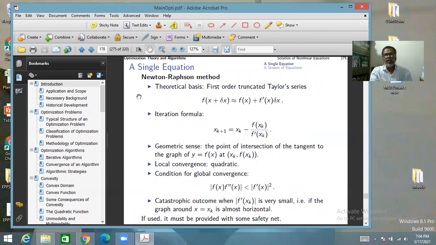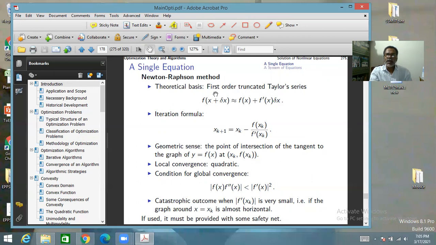Now, what are the other methods? Not so simple, not so basic, but hopefully more efficient. The most well-known method is the Newton-Raphson method. The theoretical basis of the method is essentially the first order truncated Taylor series.